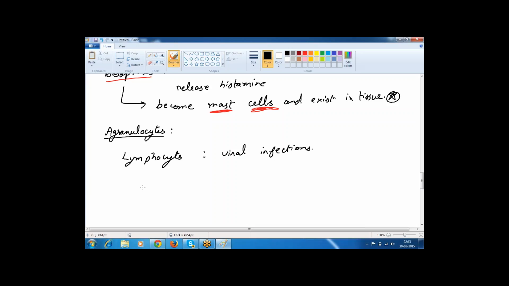Lymphocytes, you know, they are of two types, B lymphocytes and T lymphocytes. B cells and T cells. Their function in detail will be done in immunity, but just remember that B cells take part in humoral immunity.